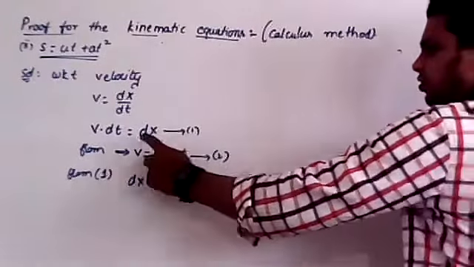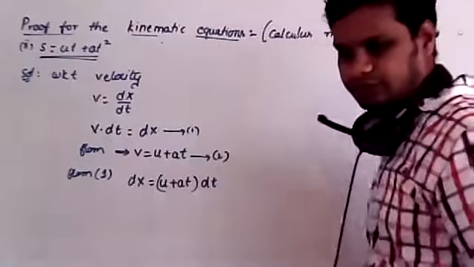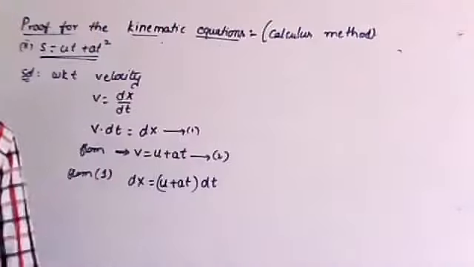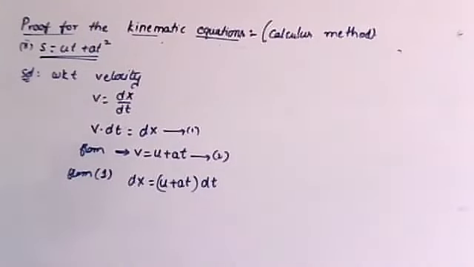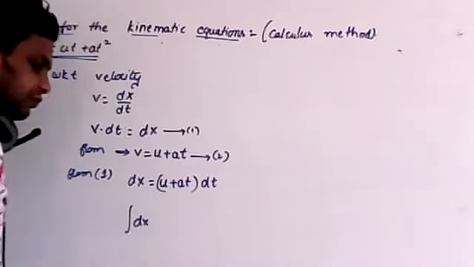Nothing is there. First I wrote dx, and in the place of v, I substituted this value. That's it. Now to get the total displacement, what should we do? Integration. So do integration of dx.